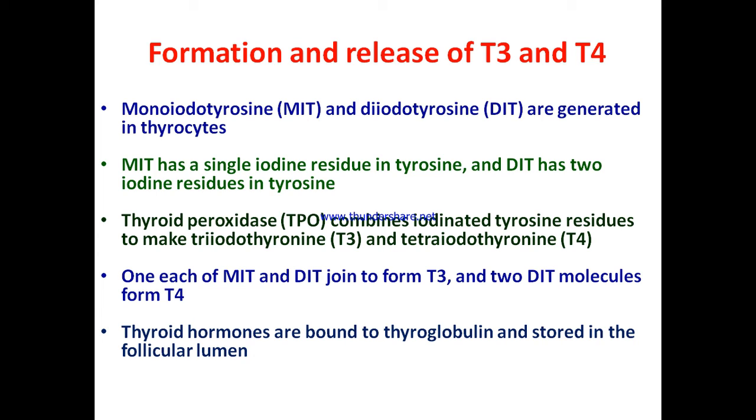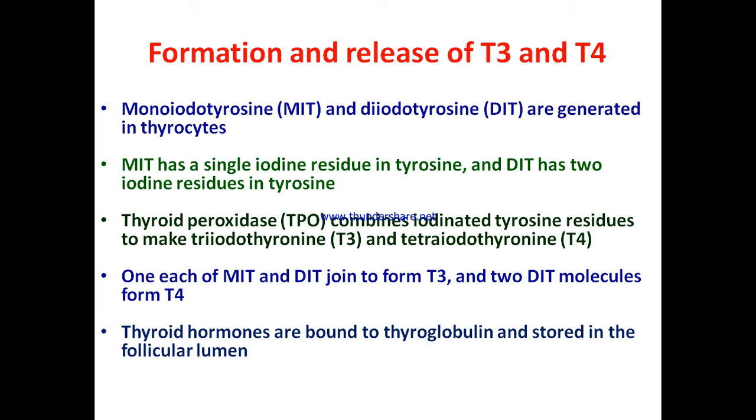This enzyme combines iodinated tyrosine residues to make triiodothyronine and tetraiodothyronine. One each of MIT and DIT join to form T3. Monoiodotyrosine has one iodine atom and diiodotyrosine has two iodine atoms. When these two are combined, the resultant product T3 has three iodine atoms.